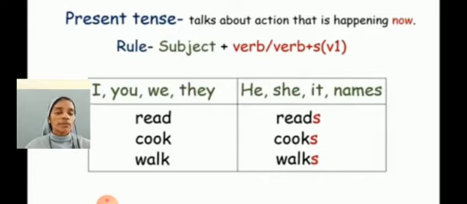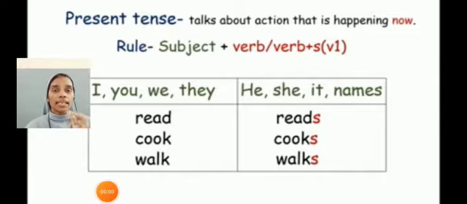What is the rule? Do you know? Subject, base form or S form of the verb. In a sentence, if the subject is I, you, we, they or any plural subject, there comes the base form or first form of the verb. For example, read, cook, walk, write, run.